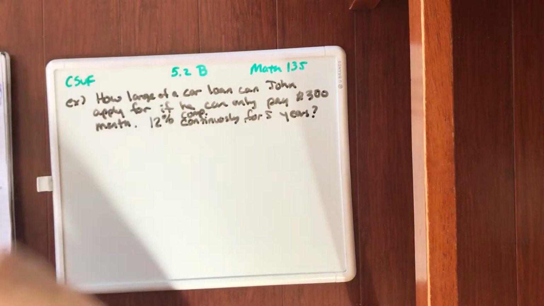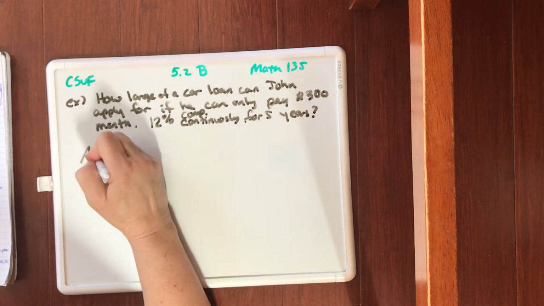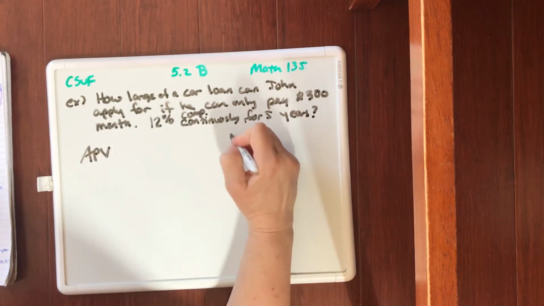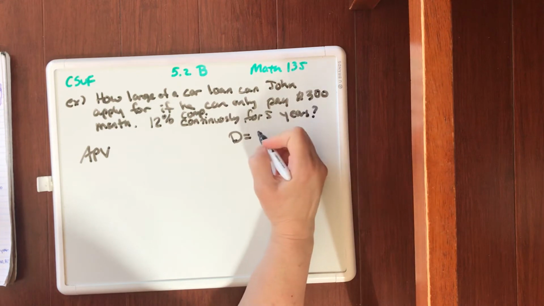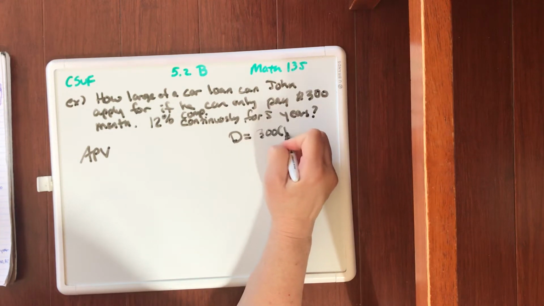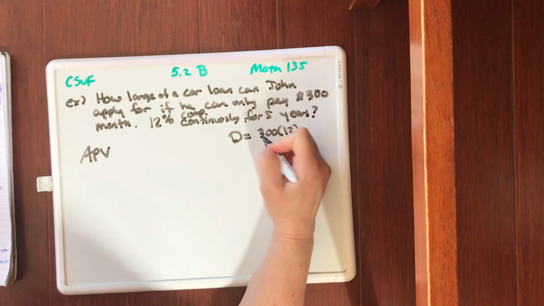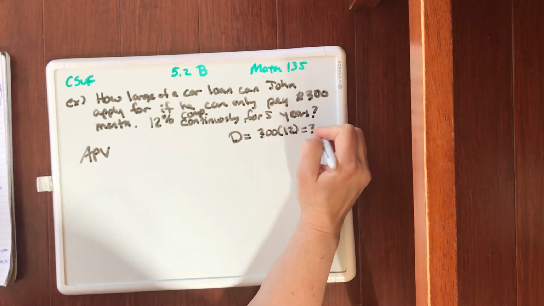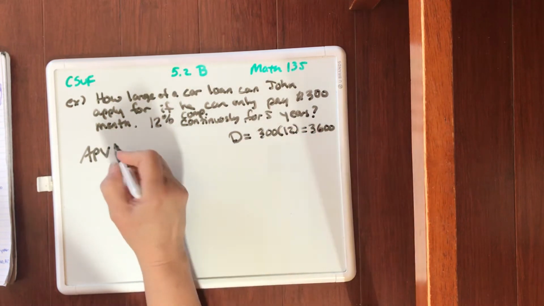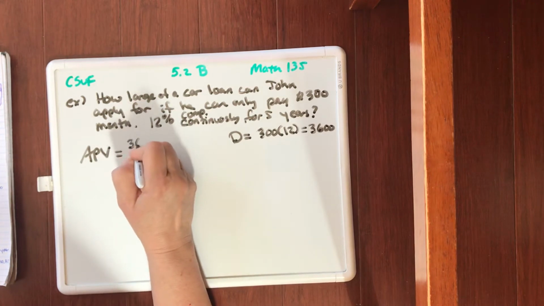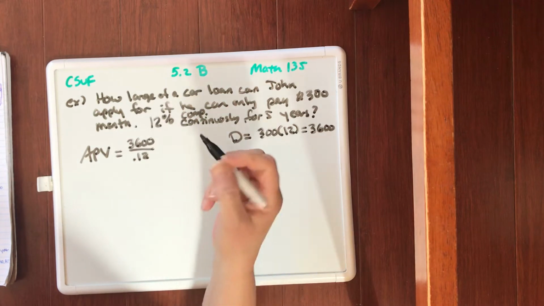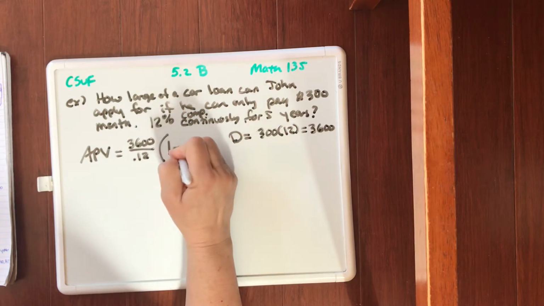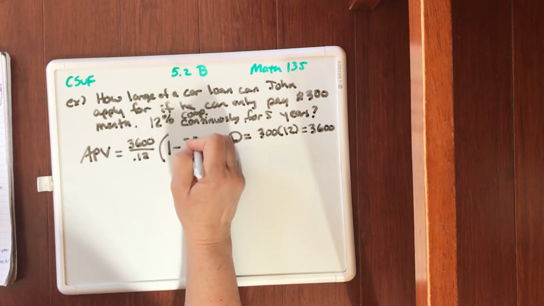Before we can use our APV, we know we have a D, and D is in years, and he can only pay $300 a month. So we have to do 300 times 12 to make it into years, and that ends up being 3,600. So APV is 3,600 divided by 0.12 times 1 minus e to the negative 0.12 times 5.